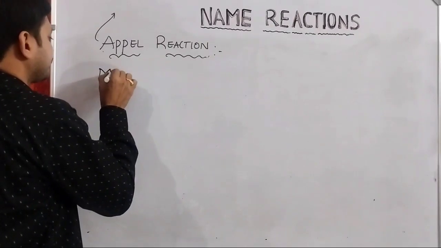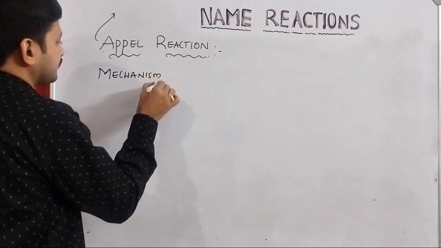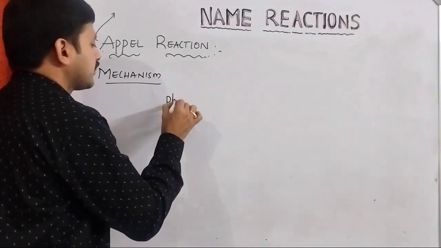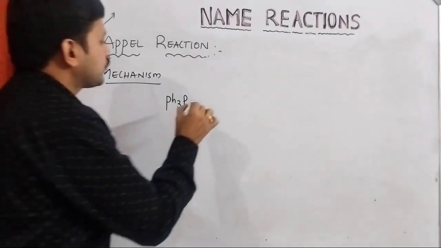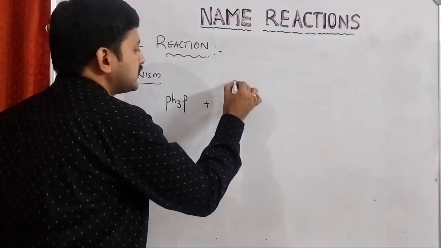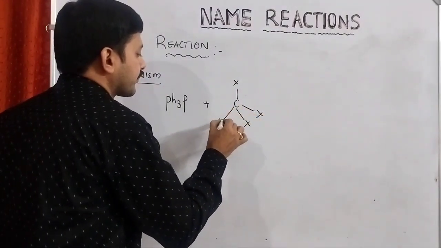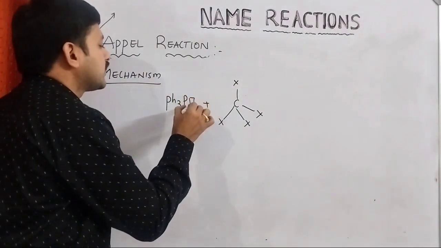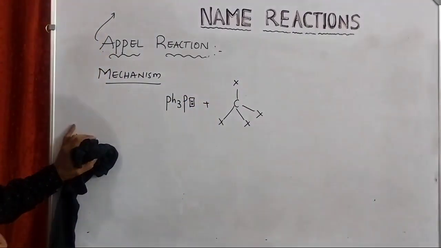Mechanism. Initially we have taken triphenylphosphine. It is going to be treated with what? CX4. Already we know that the phosphorus is having a lone pair of electrons.